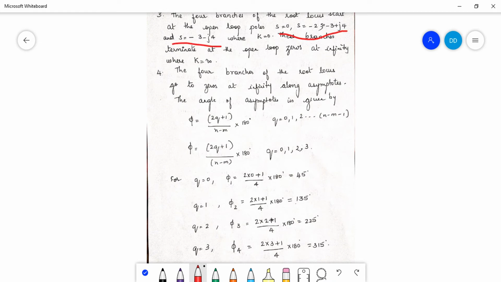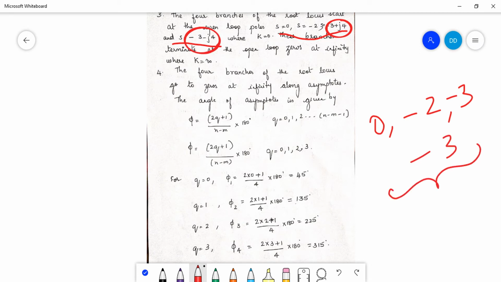So the real parts are 0, minus 2, minus 3 and again minus 3, which we use to calculate the centroid.